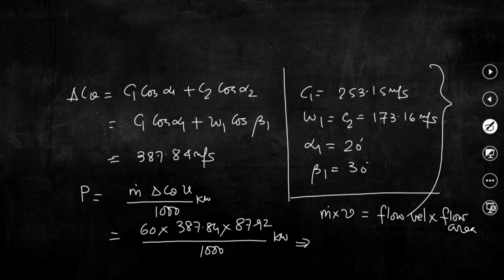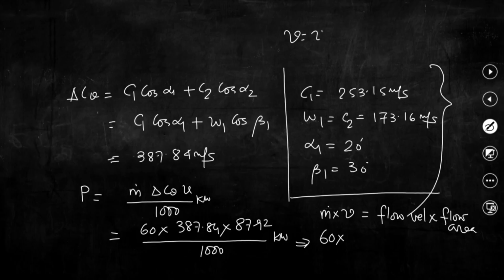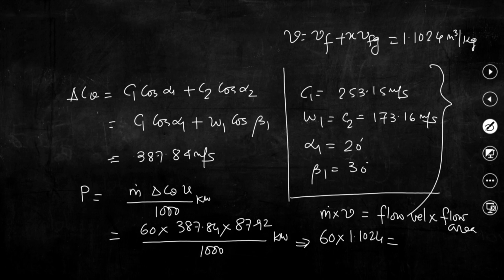So, we have already calculated m dot, that is given 60 into the specific volume, that just now we have calculated using the given condition of the steam, V equal to Vf plus x Vfg, and if we calculate it, you will be getting the value 1.1024 meter cube per kg. Okay. So, this is 1.1024 equal to flow velocity, that is CA1 into flow area, that is pi into d into blade height h.